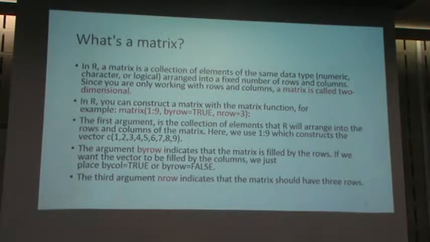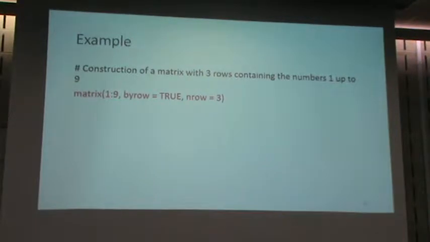The matrix is a dimension, row by column. So if you type, for example, the matrix 1 through 9 by row, the number of rows is 3, so 3 by 3. Each row has the numbers.